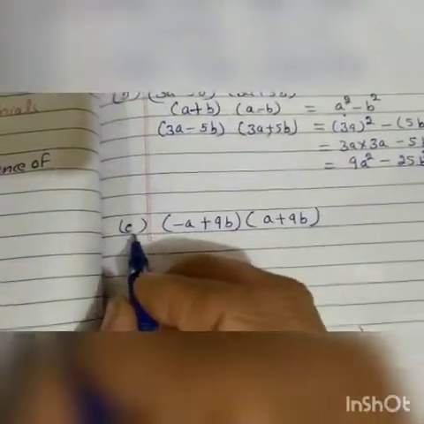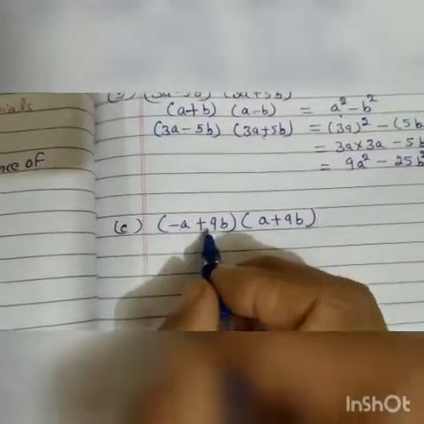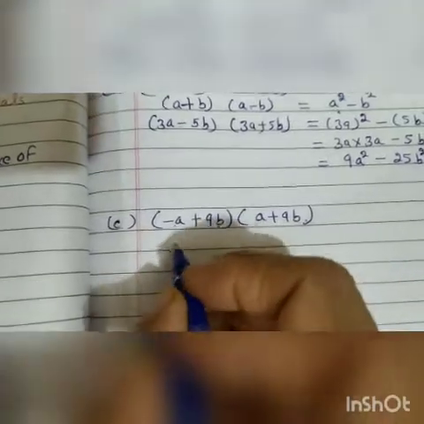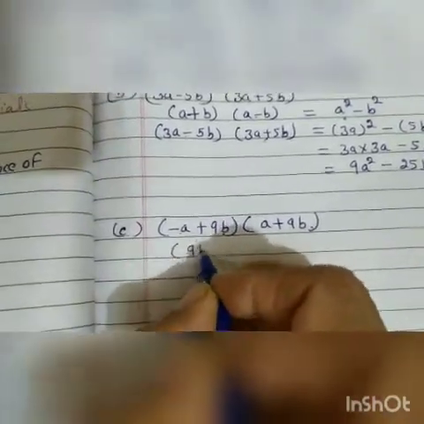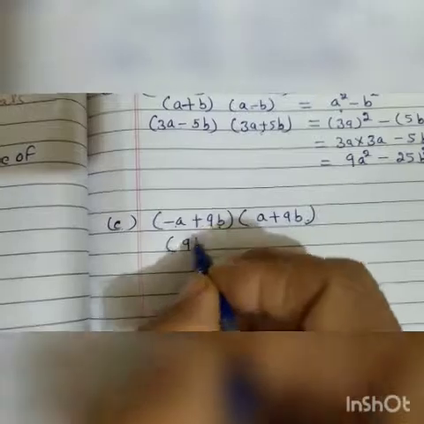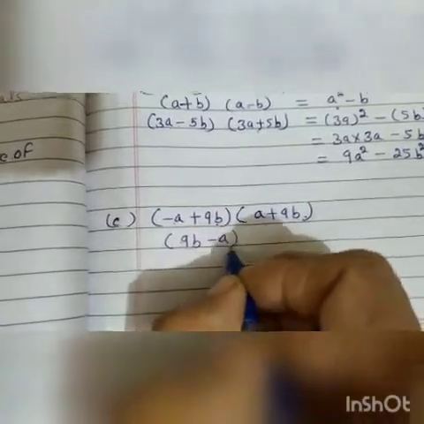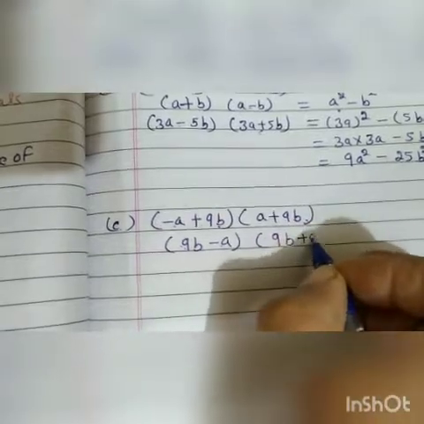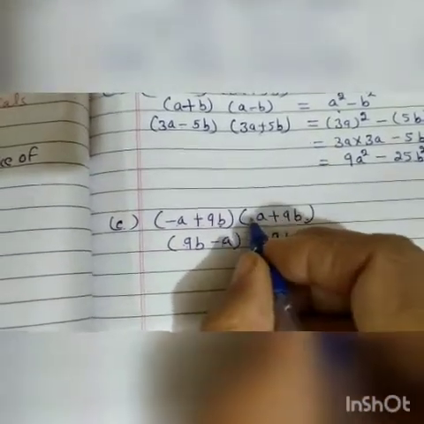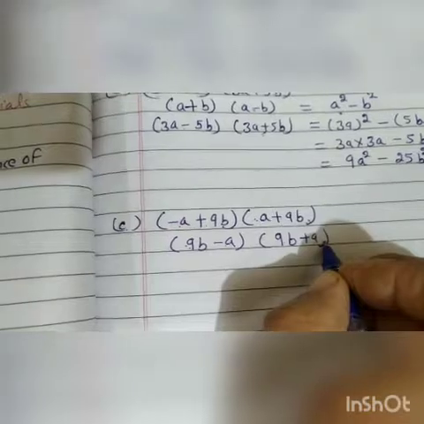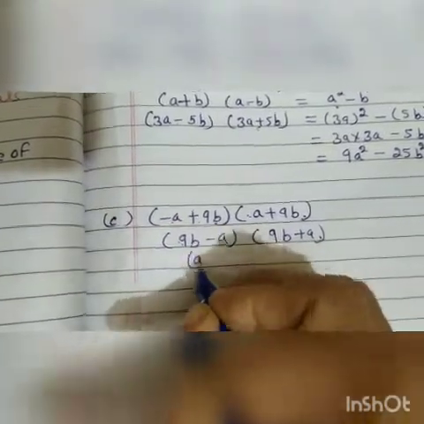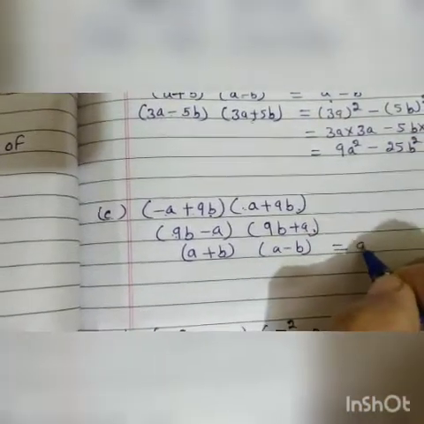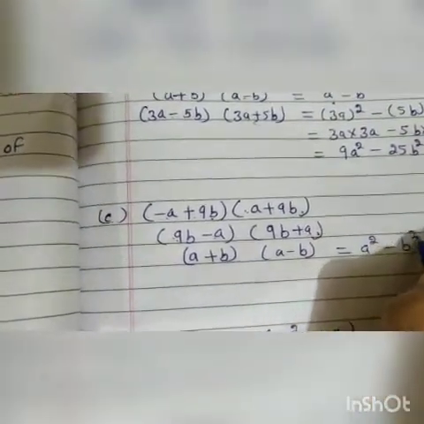Now see this question, next part, the C part: (minus a plus 9b)(a plus 9b). Students, first we will write it in the proper way. We can write this 9b first, then this minus a. It is (9b minus a), then (9b plus a). Here both the signs are plus, so 9b plus a. Now we will use the same identity: (a plus b)(a minus b) is equal to a square minus b square.